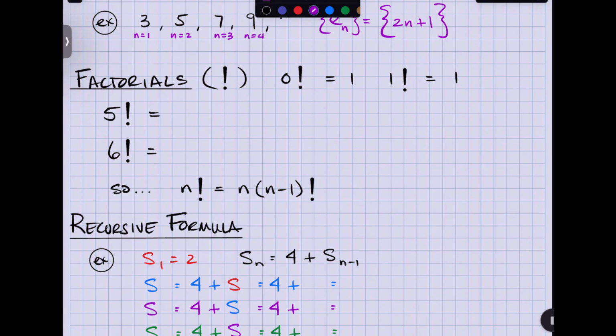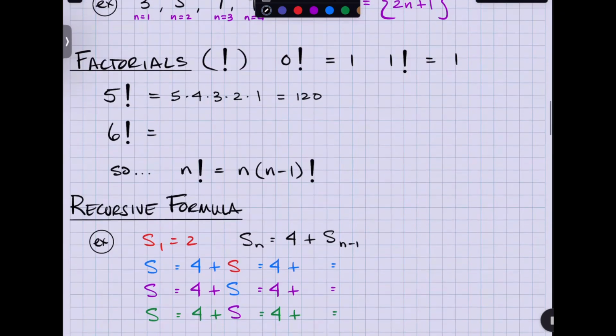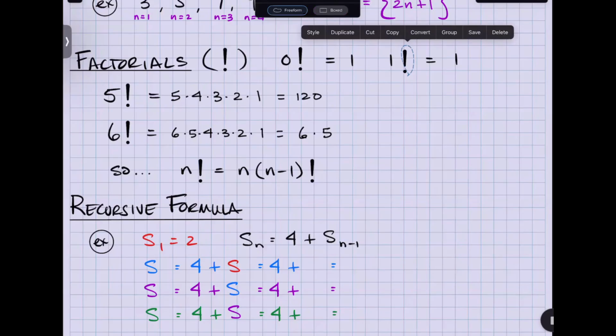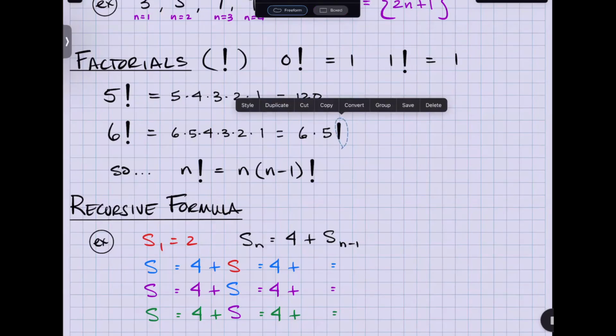So 5 factorial, which just means 5 times 4 times 3 times 2 times 1, is equal to 120. Now, 6 factorial, you could say that is equal to 6 times 5 times 4 times 3 times 2 times 1. But since I already did 5 factorial, I can just say that this is 6 times 5 factorial.